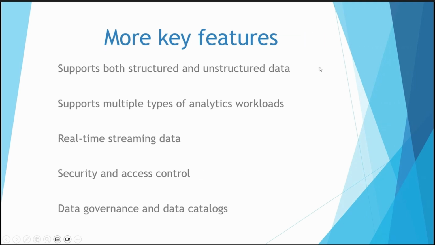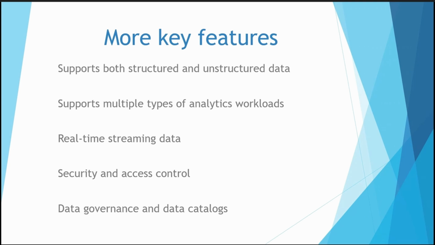Right? We want to be able to support both structured and unstructured data. Unstructured data, like I said, the JSON blobs, the images, etc. And we want to support multiple types of analytics workloads. We want to have our reporting, our machine learning, anything that's looking at our data. We want to make sure that that's available.